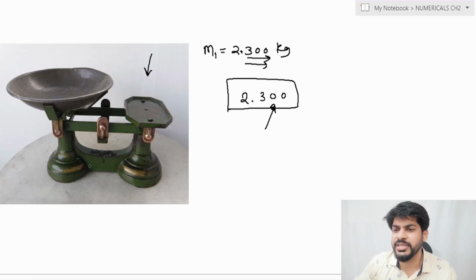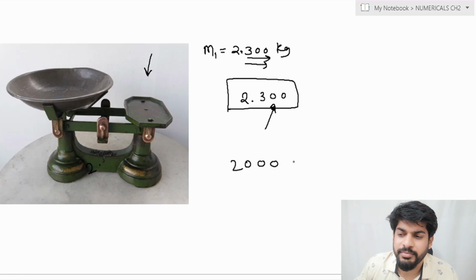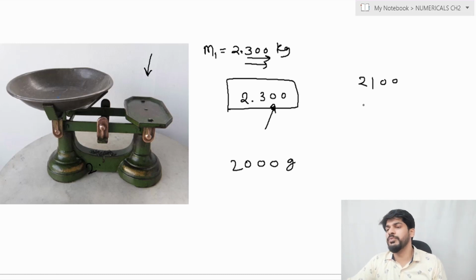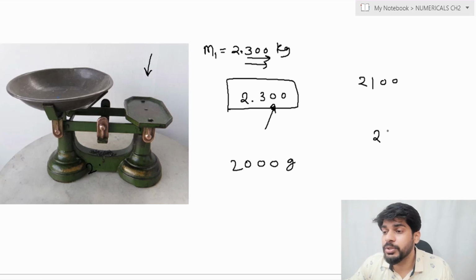He can only say it's 2 kg, or maybe 2100 grams. He won't be able to say it is 2 kg and 135 grams. He will not be able to say this.